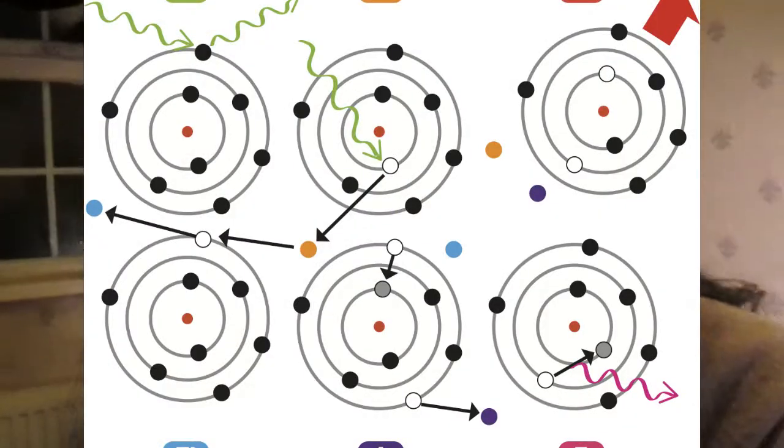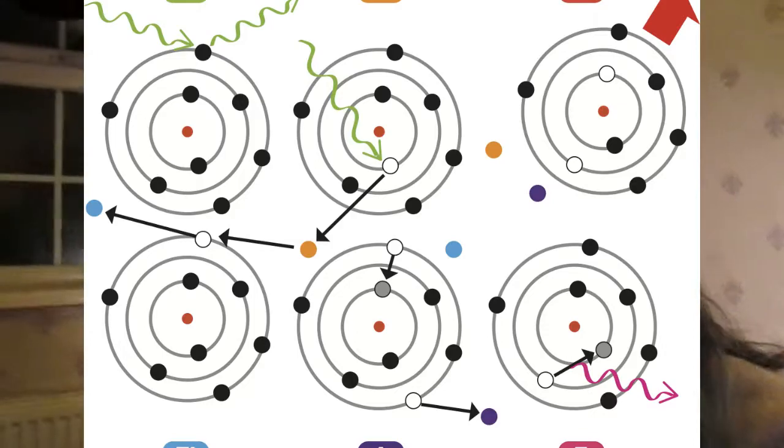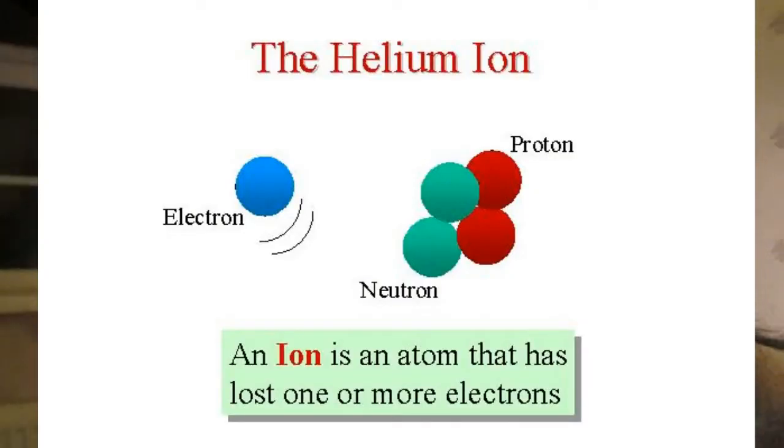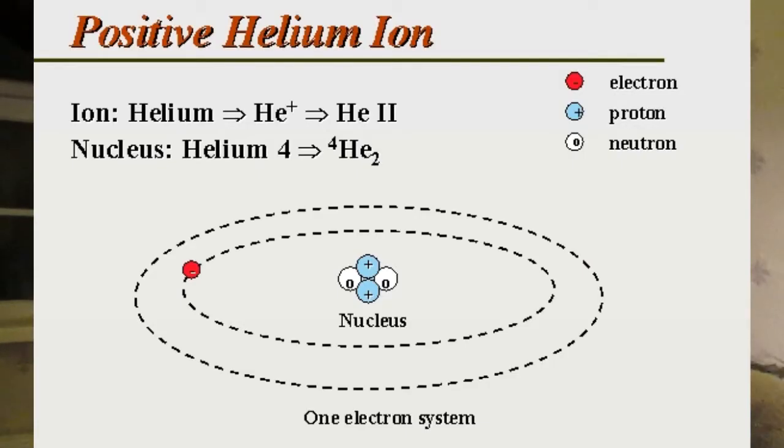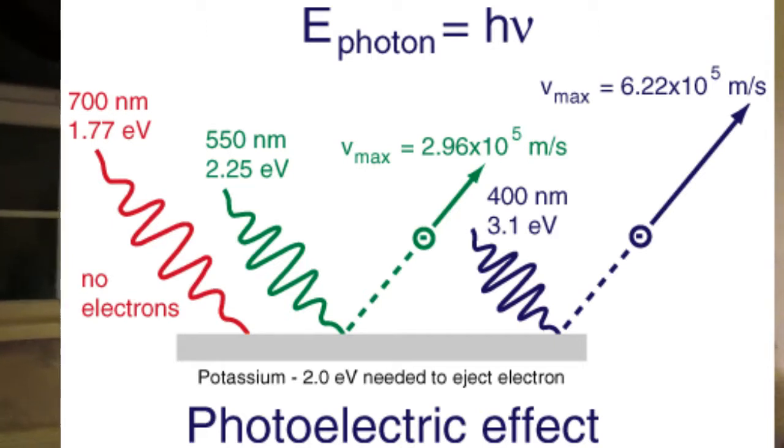Light can be strong enough to knock an electron out of an atom and leave it positively charged. A charged particle is called an ion, so light can ionize. It can make atoms charged, but only if it's got enough energy.